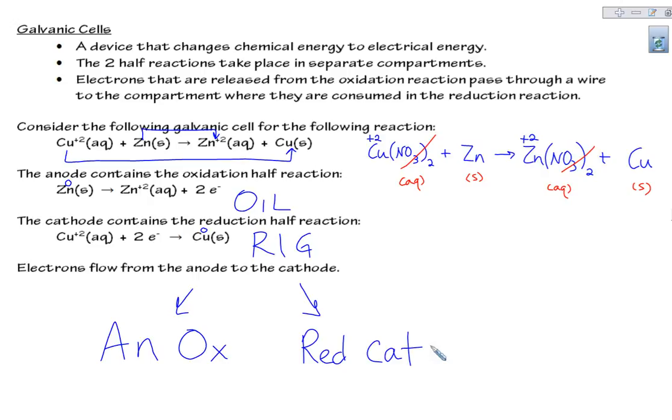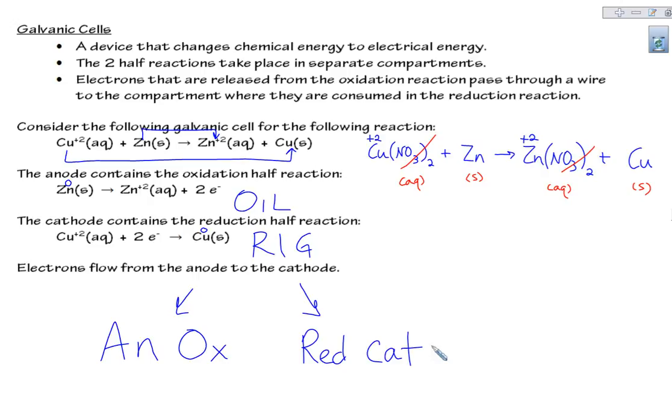Or whatever else you want to think of that helps you remember. Electrons flow from the anode to the cathode. I guess it kind of goes in alphabetical order too, from the anode to the cathode. But I always remember the electrons are lost in oxidation, gained by reduction. So the anode is the oxidation, the cathode has the reduction. An ox and a red cat.